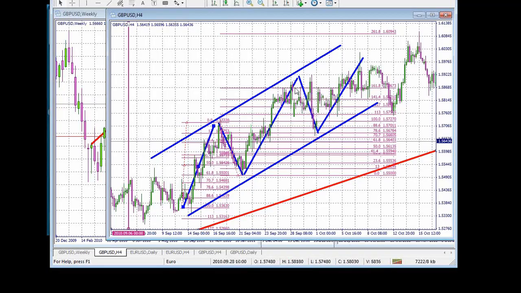The first moment when the currency made the retracement was at the 161.8 Fibo level from the second wave. So here the market starts one consolidation. The participants of the market start to be not so sure that the impulse will be bigger, and actually they determine the fourth wave.